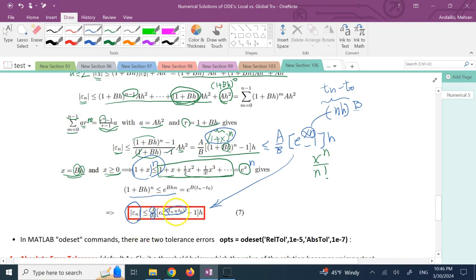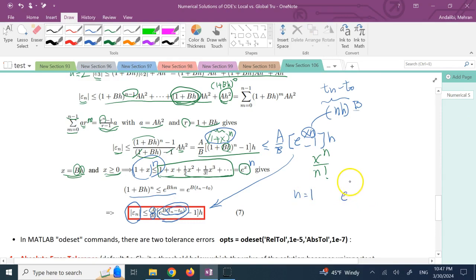And of course, the important part is this. Forget about all of those. The important part is this. Pay attention to this part. That as n grows, this error grows exponentially. Okay, so you see here, it is tn minus t0. So if n is 1, it is e to the what?